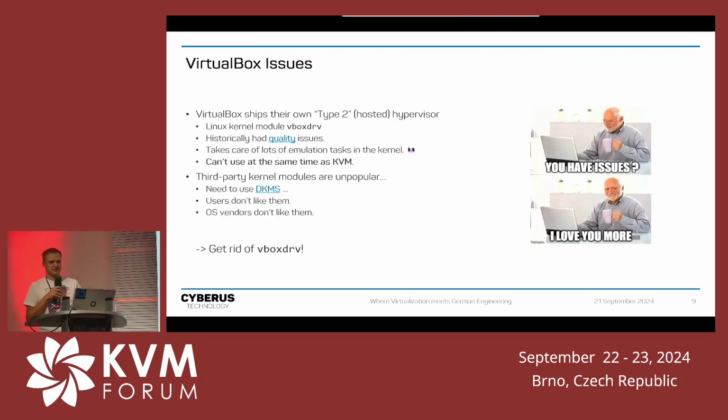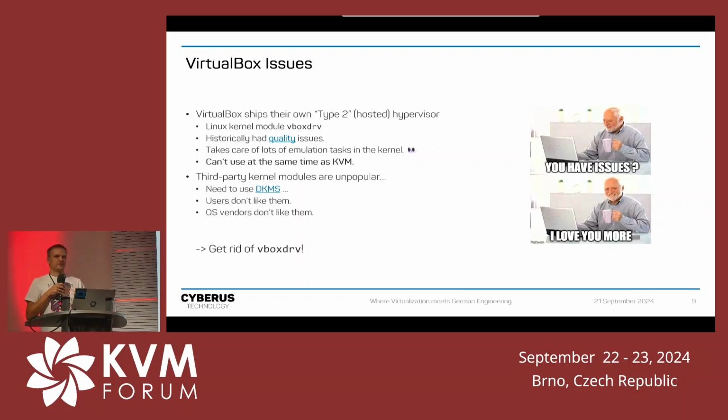So far, lots of positive things about VirtualBox. So why are we even doing something in this area? Since VirtualBox is pretty old, they actually started out with their own hypervisor. They ship a third-party kernel module that implements the whole VMX stuff and AMD virtualization. This has historically had quality issues, so you can find people ranting about it on the Linux kernel mailing list.